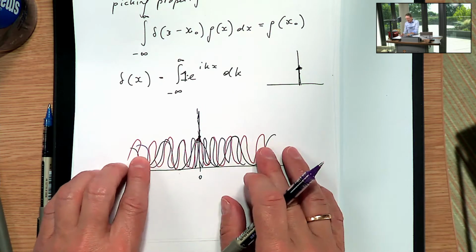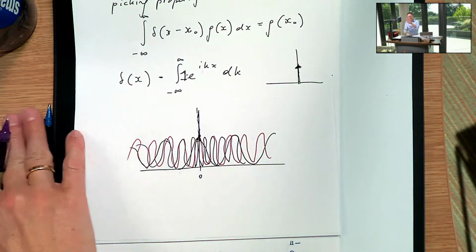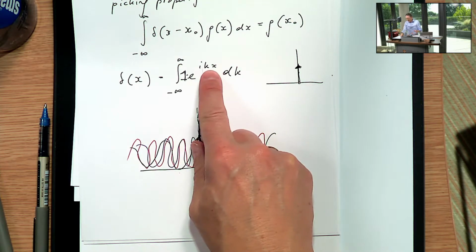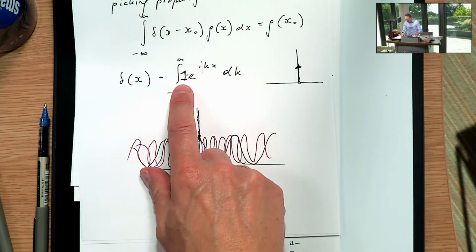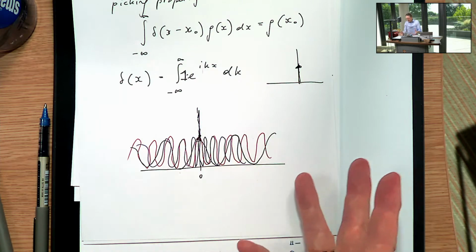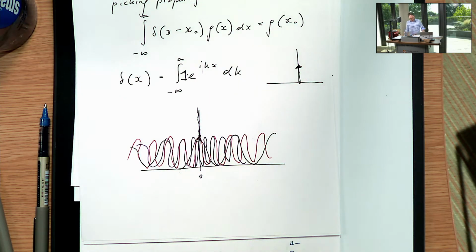So the more frequencies you use, the higher you push that peak in the middle, where everything is in phase, even if they have different frequencies, right? Because all of them have the same initial phase. And so if you put them all with the same amplitude 1, put all these components in, then you end up with the delta function. And that's what this means.